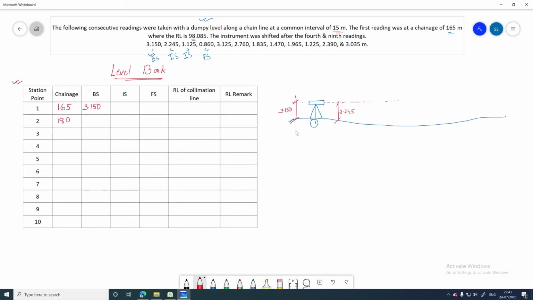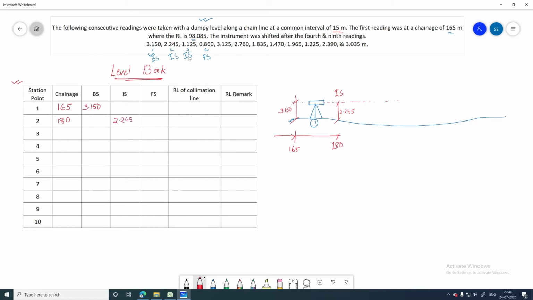The chain is coming up to this point, 165, and the difference between the first and second reading is 15 meters, so here it is 180. This is the concept of chainage. The value 2.245 is an intermediate sight reading, so it is IS, and it will come over here.